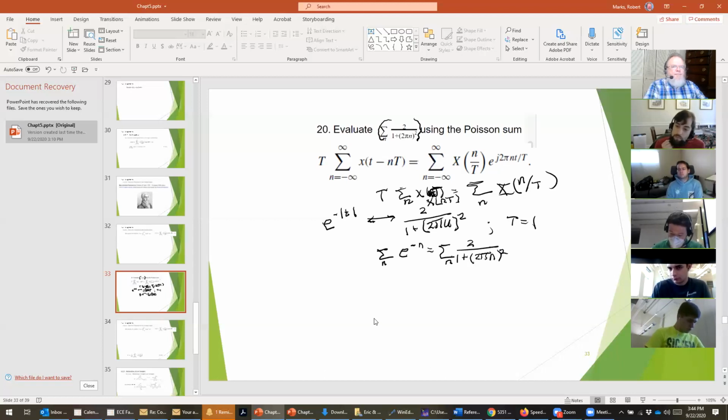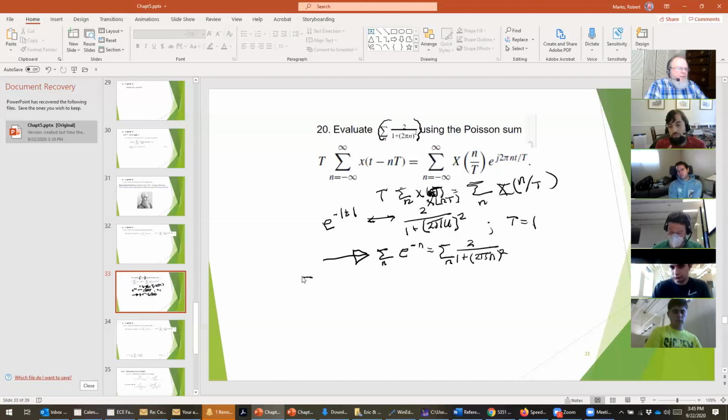Is that good? So what we have to do now is evaluate this infinite summation. This is a special case of the geometric series.